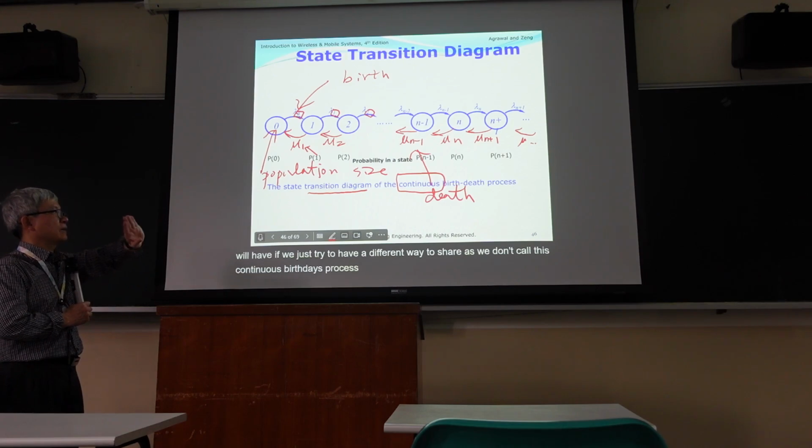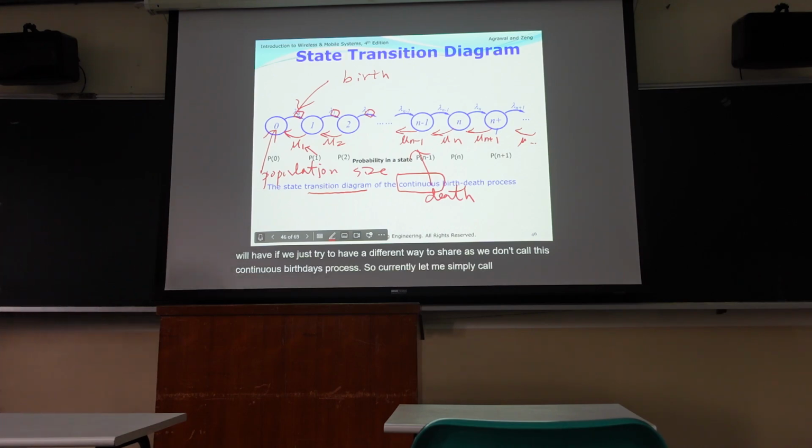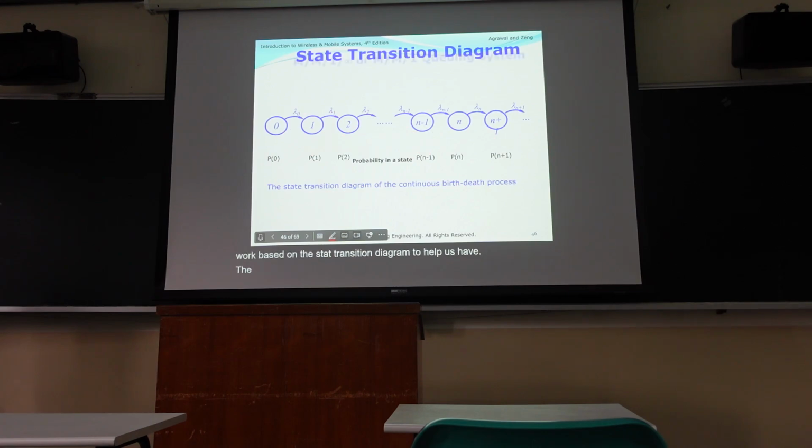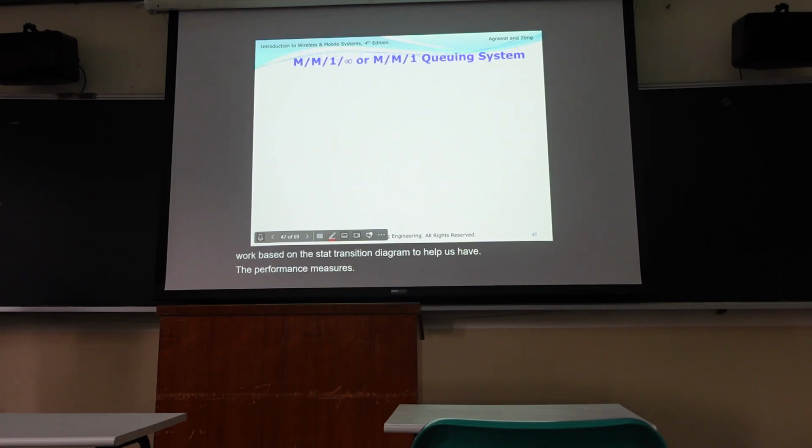So currently, let me simply call it the birth-death process. And this birth-death process, we can have the state transition diagram. Then we will pass out the state transition diagram to help us have the performance measures.